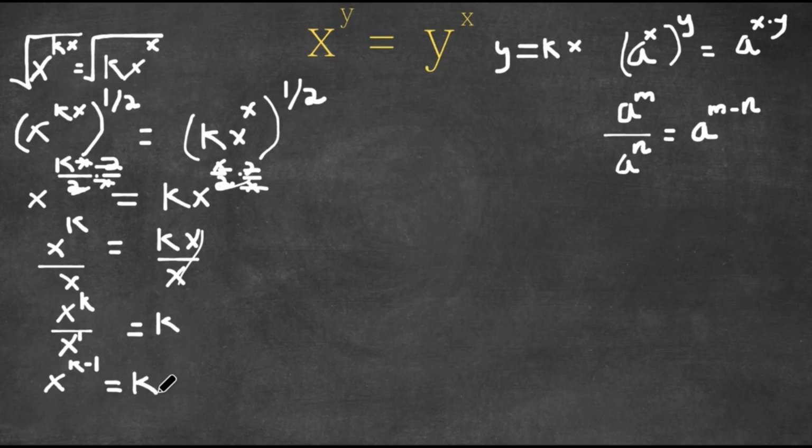Now I'm going to take the power of 1 over k minus 1 on both sides. By doing that, this would cancel out, and over here we'd have 1 over k minus 1.